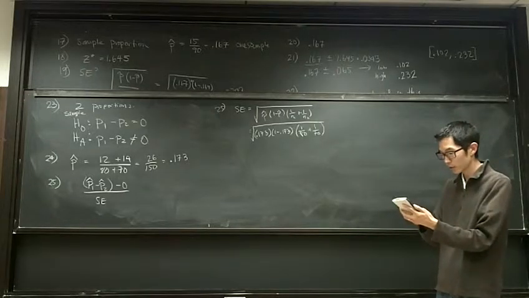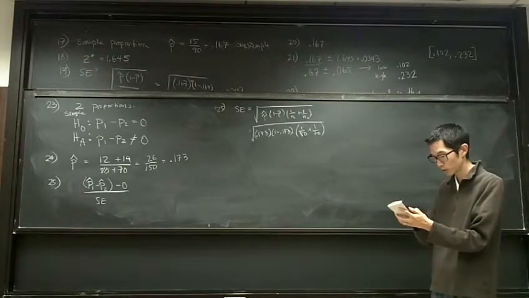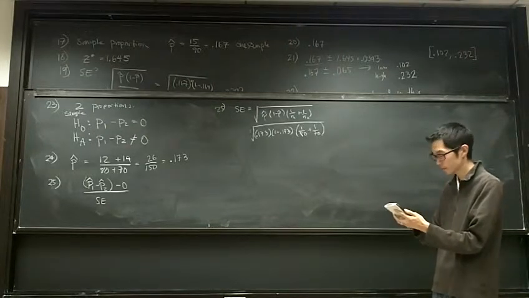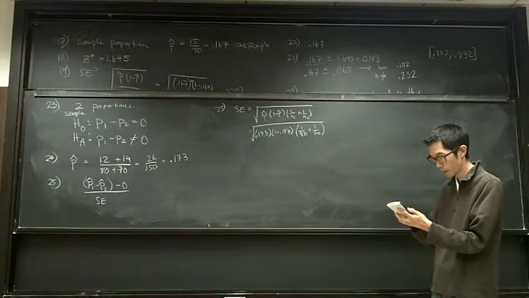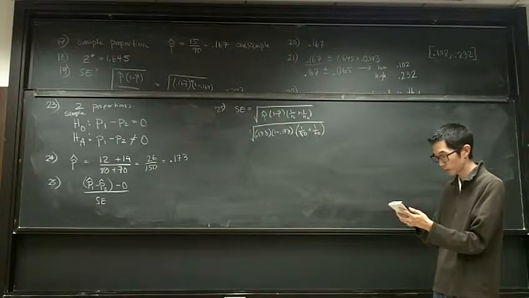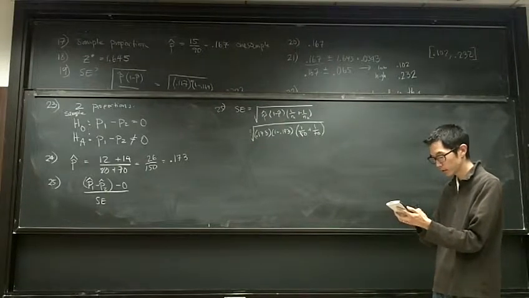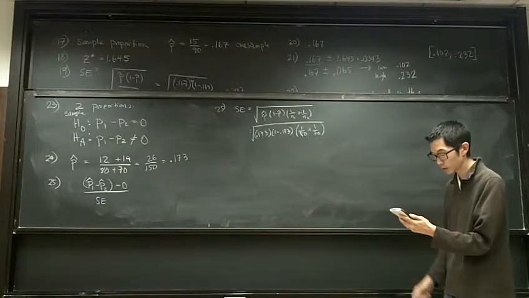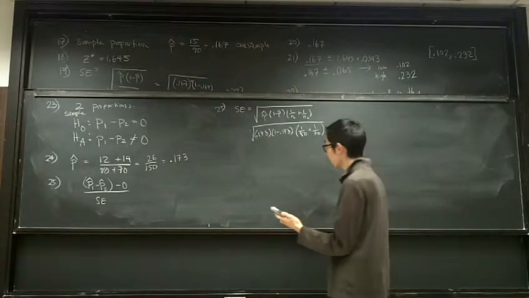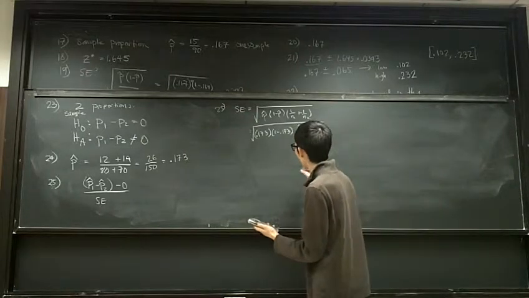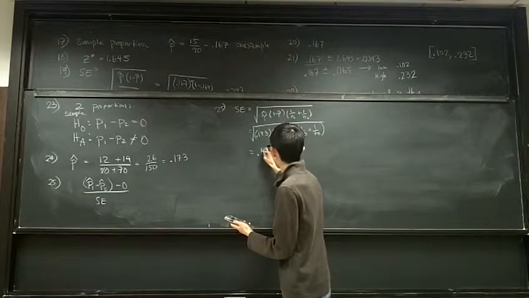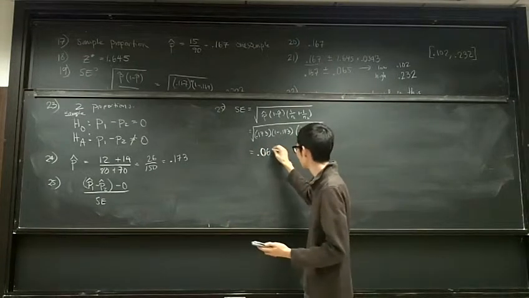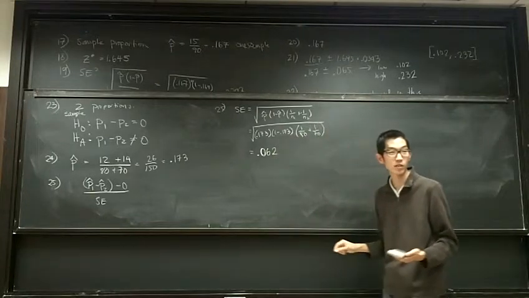Let's see, 0.173 times 1 minus 0.173, over 80 plus 1 over 70. I'm getting 0.062. That's fine.